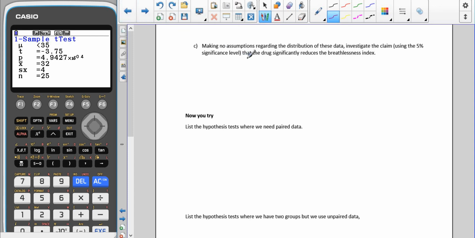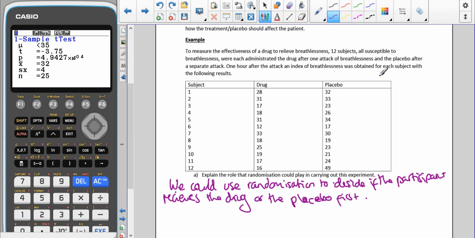So then, making no assumptions regarding the distribution of the data, investigate the claim at a 5% significance level that the drug significantly reduces the breathlessness index. Well, because we're not making any assumptions about the data, and it doesn't tell me here that there is any specific distribution of the data, then I am looking towards my distribution-free non-parametric tests.